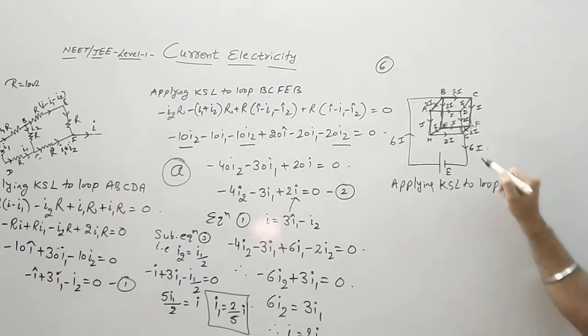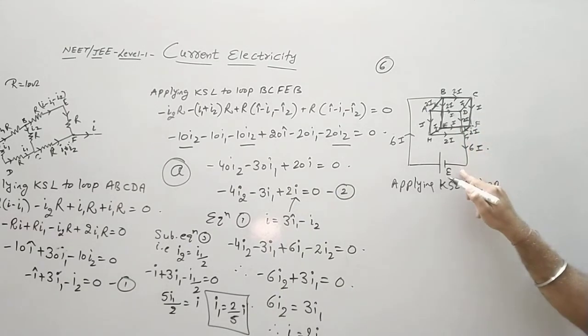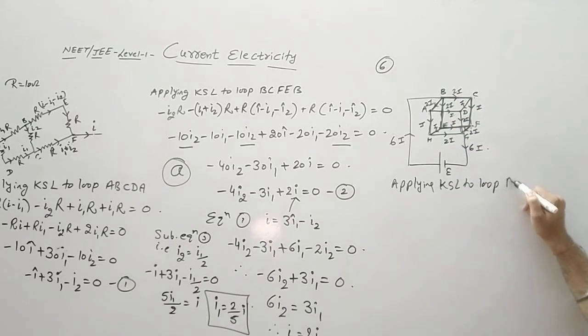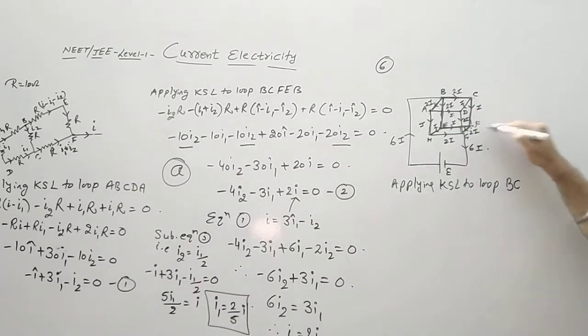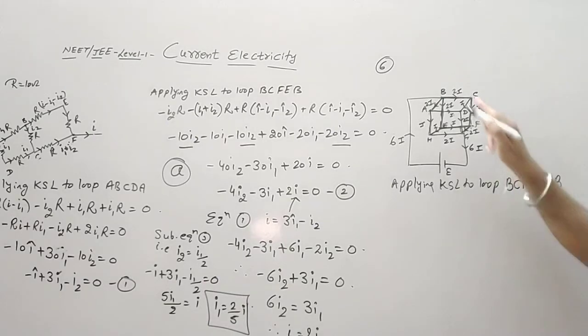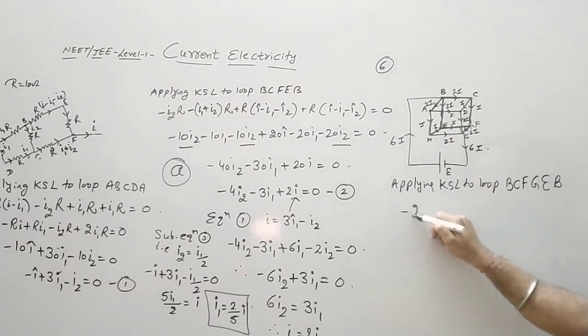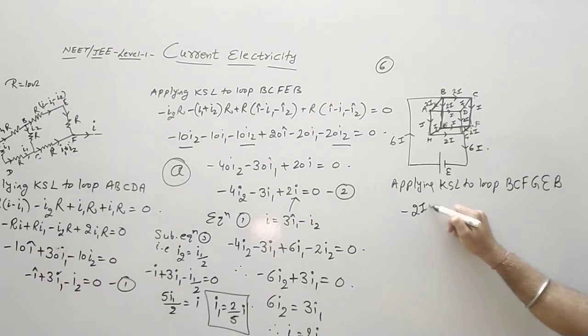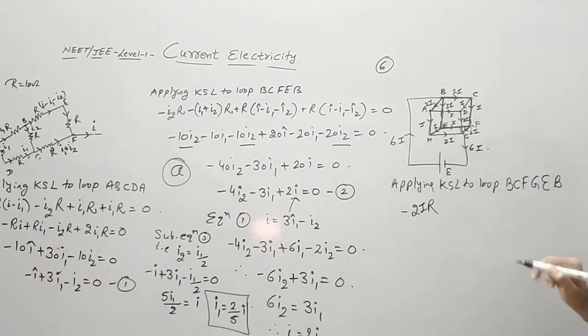So we start from B. So B, C, F, G, battery of EMF E, and we come back to B. So from B to C in the direction of current, let the resistance of each wire be R. So minus 2IR.